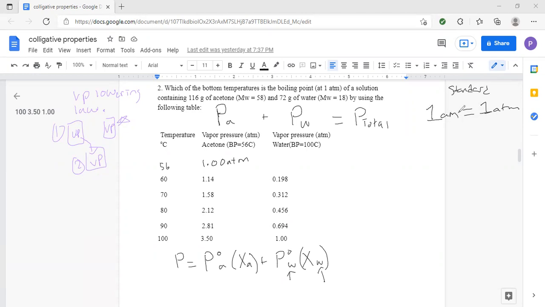So this would be the vapor pressure. Once it's been heated up, we heat it up until it reaches 1 atm, which is equal to the pressure outside.